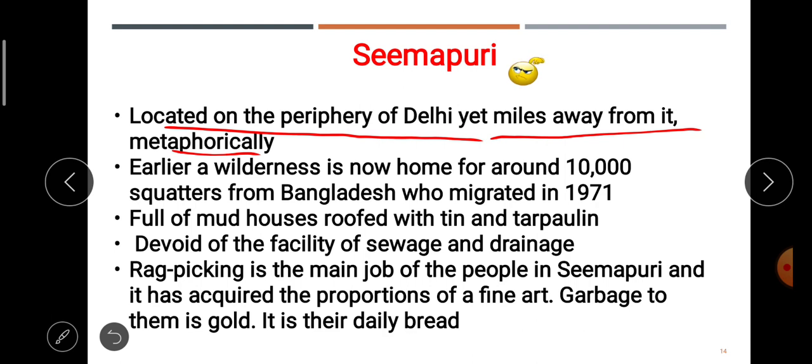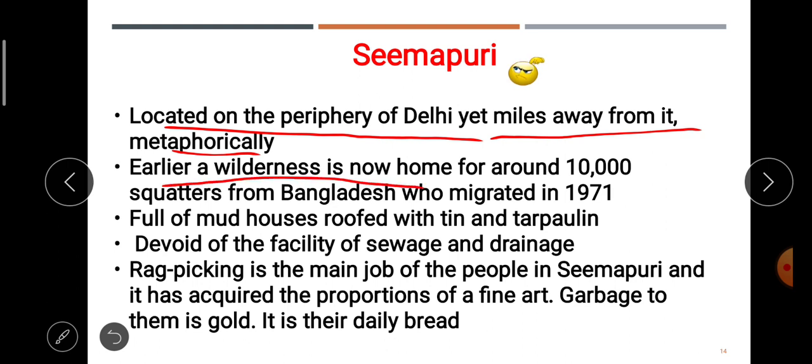But Seemapuri seems to be static in all these areas. No educational improvement, no social improvement, no economic improvement is visible in the lives of the people residing there. That's why it is said that Seemapuri is located at the periphery of Delhi, yet it is miles away metaphorically.